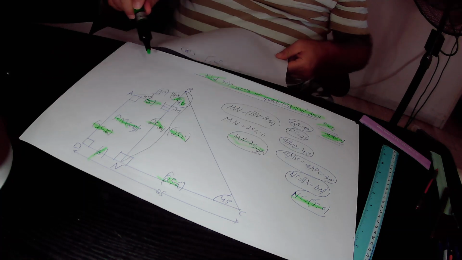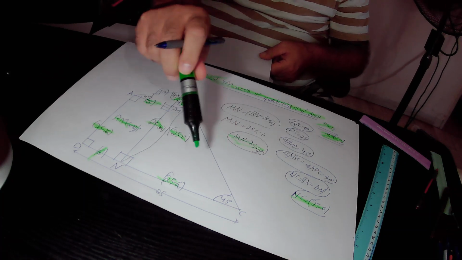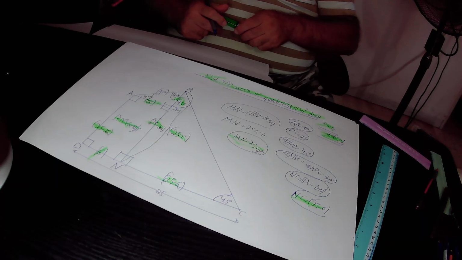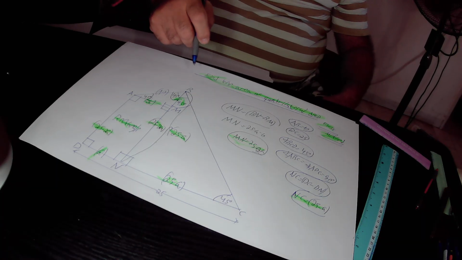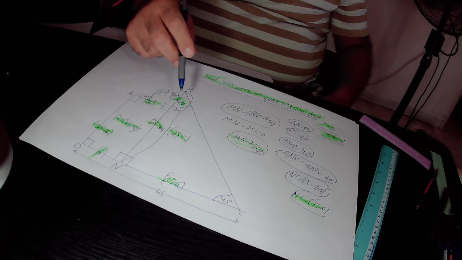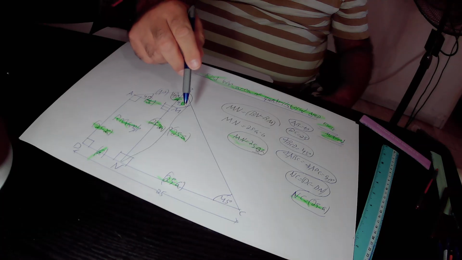Our task is to find out the area of this quadrilateral ABCD. From the drawing it is very easy to see that the area of this quadrilateral ABCD in total equals the area of this trapezoid ABD plus the area of this right triangle BDC.